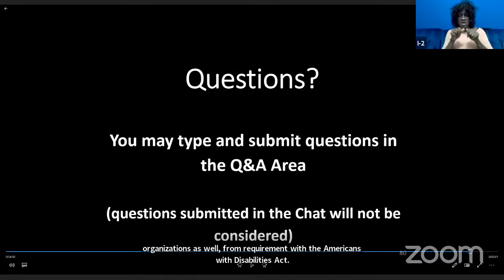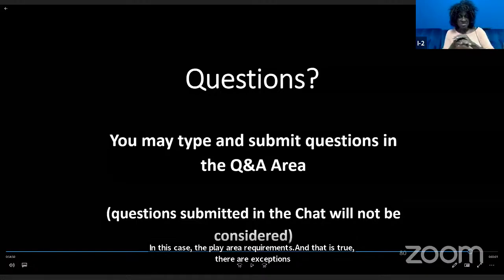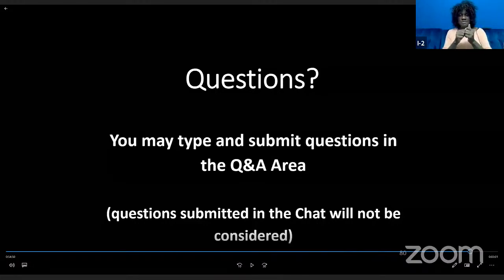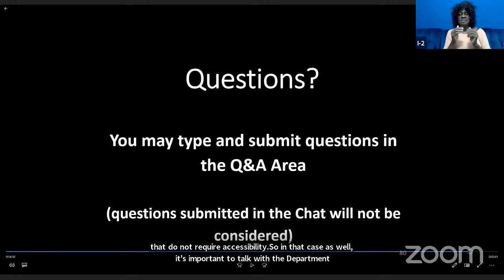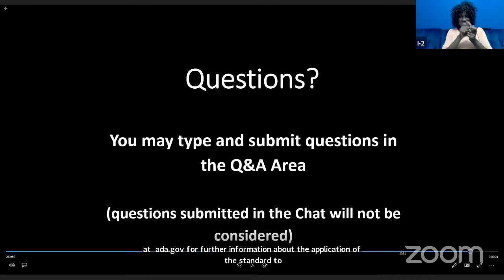And that is true. There are exceptions that do not require accessibility. So in that case as well, it's important to talk with the Department of Justice. Throughout the presentation, I gave their phone number, but they can also be reached at ada.gov for further information about the application of the standard to your specific facility types.